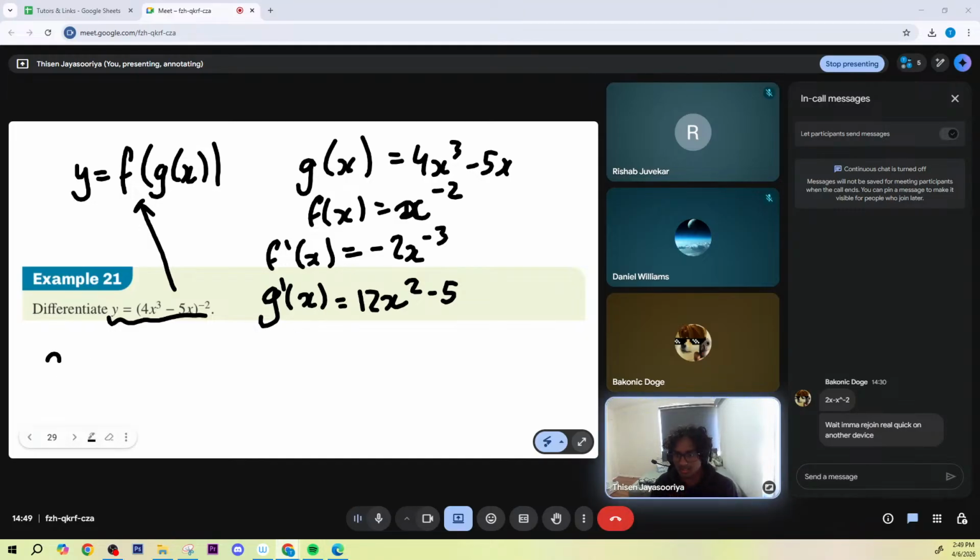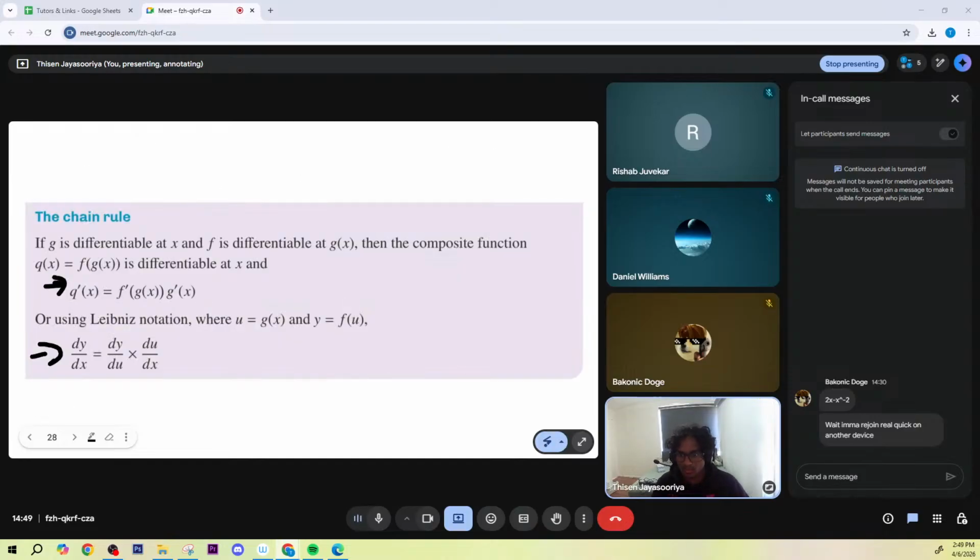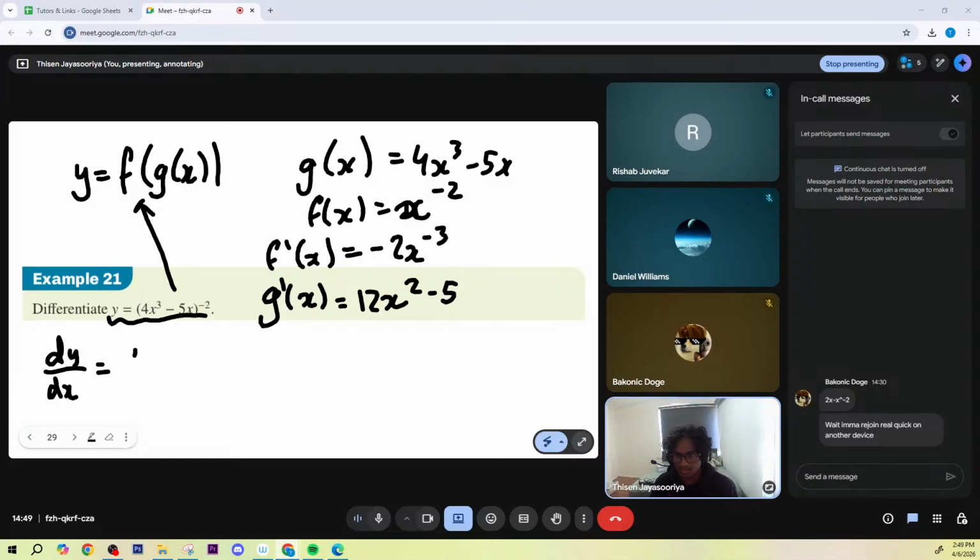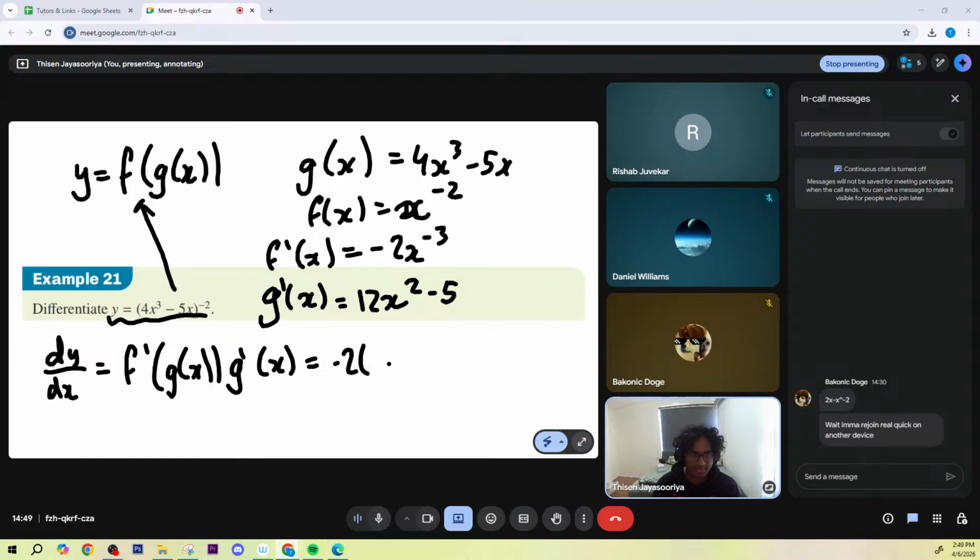Which means here, dy on dx of this one is equal to, if we look back at our chain rule, f dash of g of x times g dash of x. So here it's just going to be -2 brackets 12... wait, my bad, that's my fault.